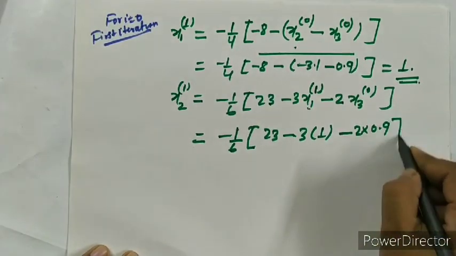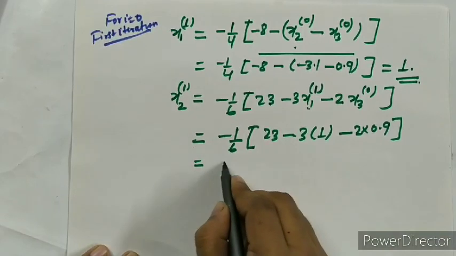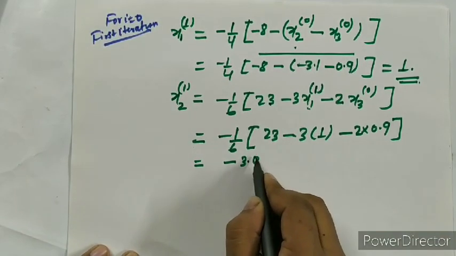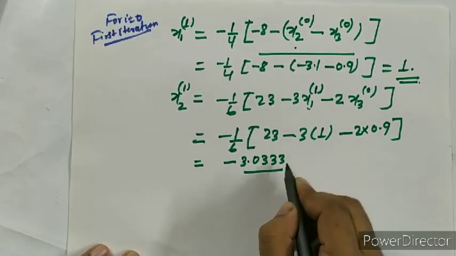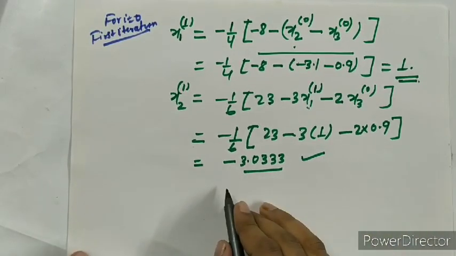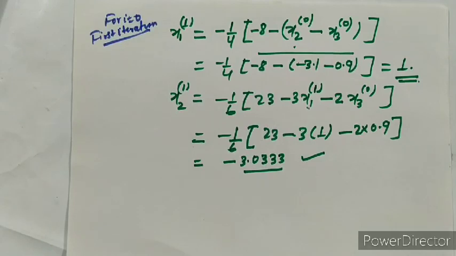Finally we get minus 3.0333. I have already calculated it, otherwise it will take time.